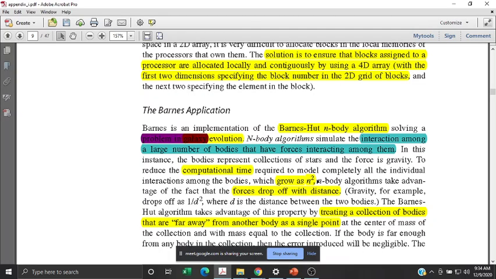The force exerted is 1 by d square, so it is squaring. As you move farther and farther, the force exerted goes on becoming weaker and weaker. From that perspective, that bunch of stars by themselves can be considered as one star.